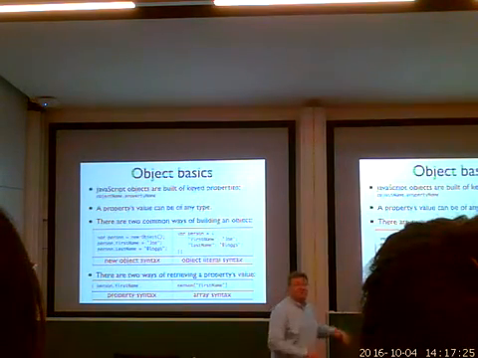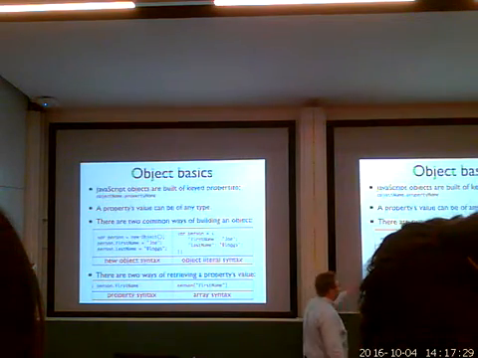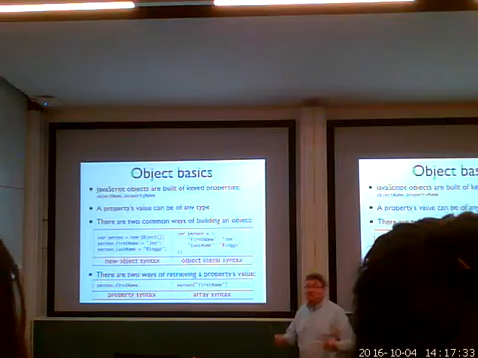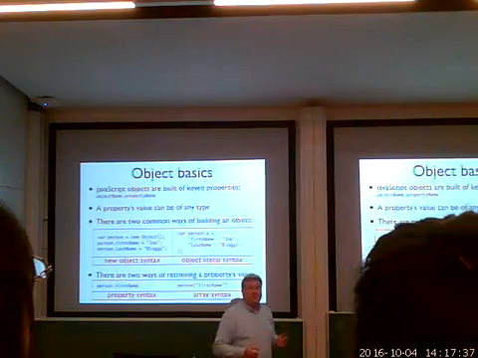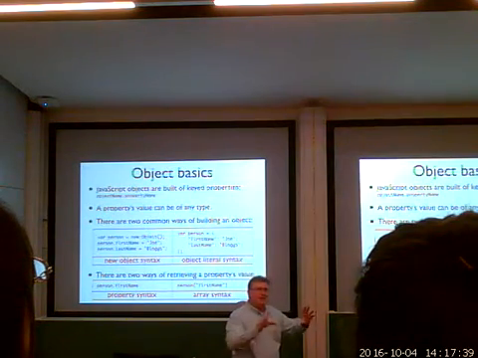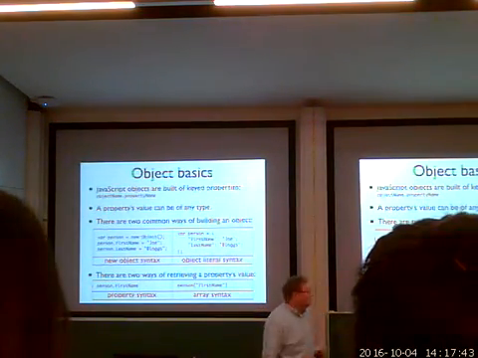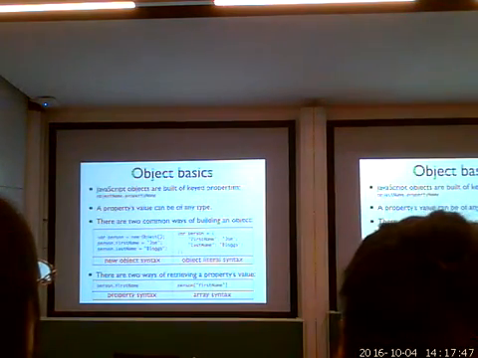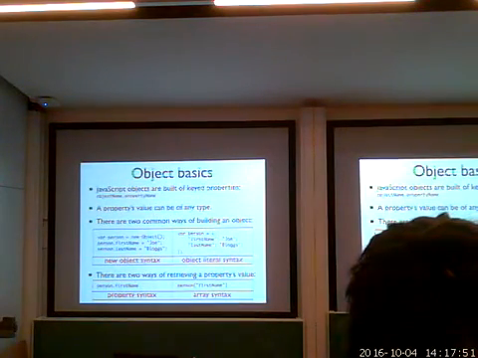There are a load of ways of building objects, but there are two common ways. The first one is what's called the new object syntax, where you create a new object using new Object, and then you set properties on that object. So basically what you're doing is creating a blank slate, an empty object, and then you're filling it up with properties. So in this case, we've got an object called person, and we set the first name to Joe and the last name to Bloggs.